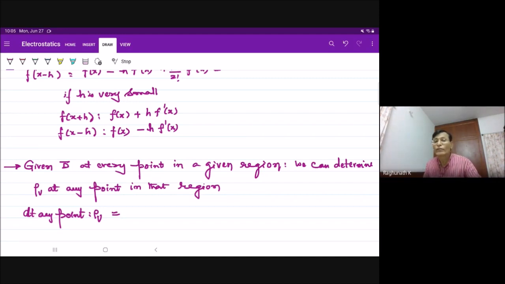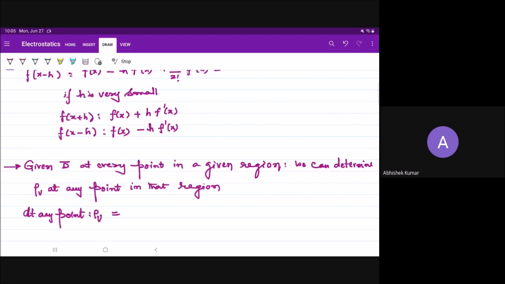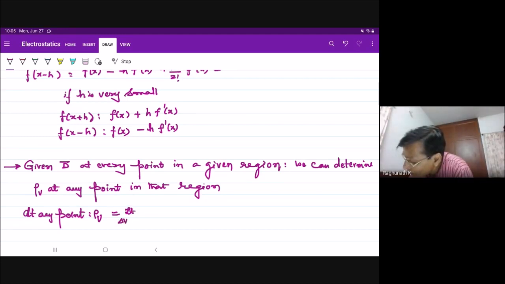The limit delta V tends to 0 of delta Q present in that differential volume divided by delta V. Wonderful. Any doubt?